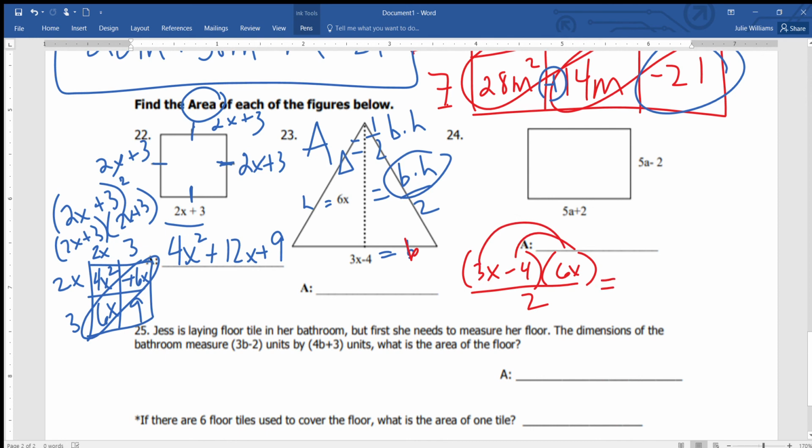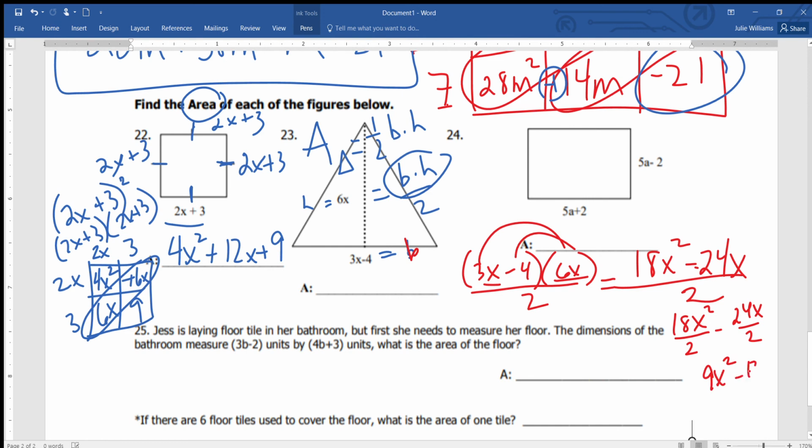So this is 18x squared, multiply this times this, and then minus 24x. Now I'm dividing that whole thing by 2. Correct? Correct. So that is the same thing as 18x squared divided by 2 minus 24x divided by 2, which is 9x squared minus 12x. Okay, so that would be your area here.